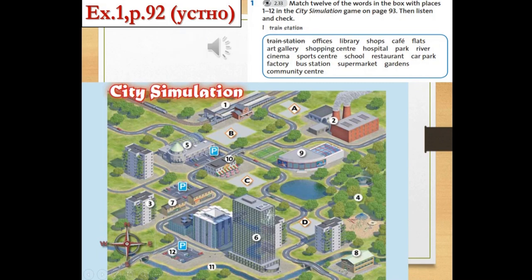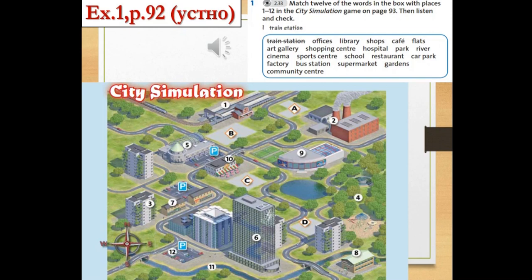Track 2.33. Unit 8. Vocabulary. Exercise 1. 1. Train station. 2. Factory. 3. Flats. 4. Park. 5. Shopping centre. 6.